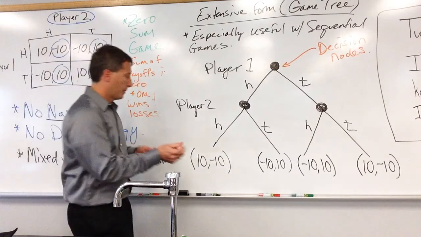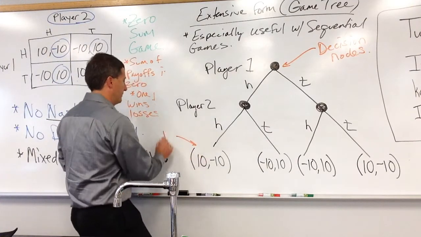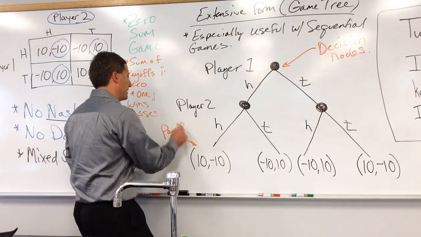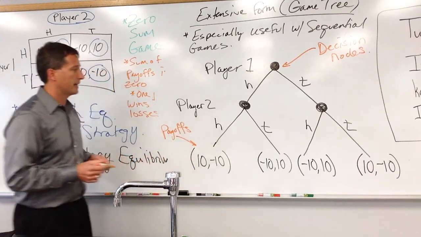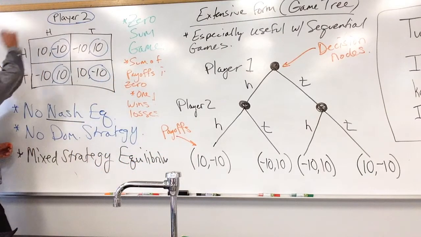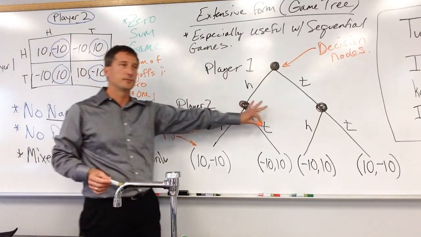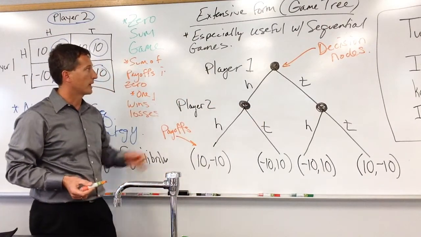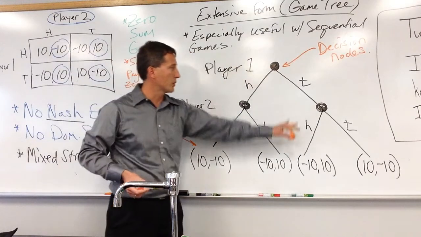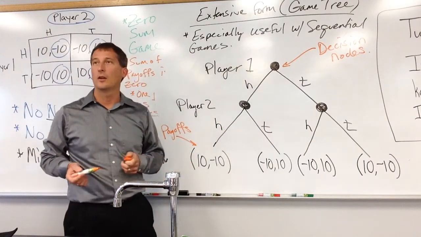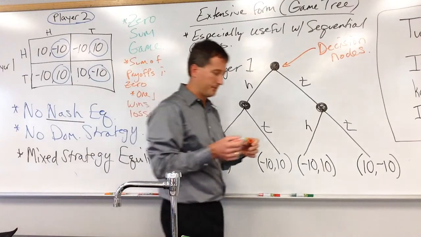Okay, so these are still the payoffs, just like before. And you can see that all of the data that's captured in the matrix is represented here. We've got the payoffs, we've got the players, we've got the choices. Just a different format.